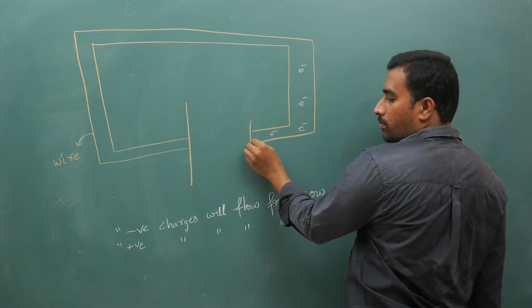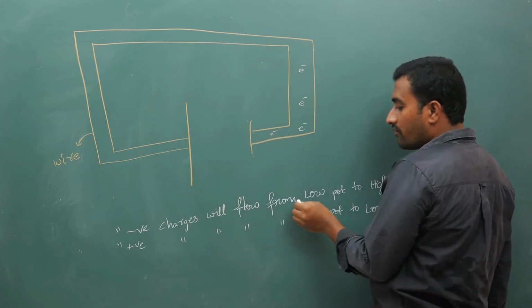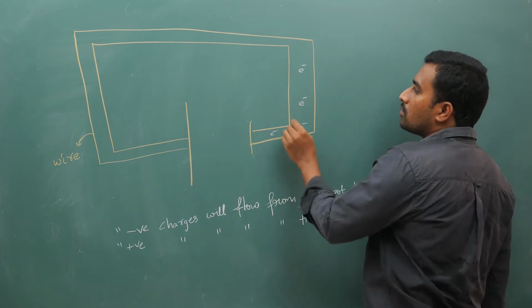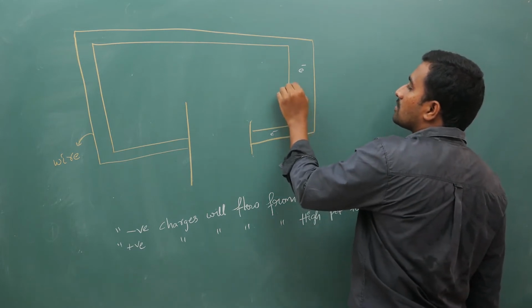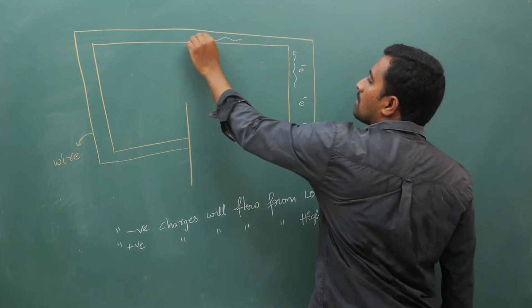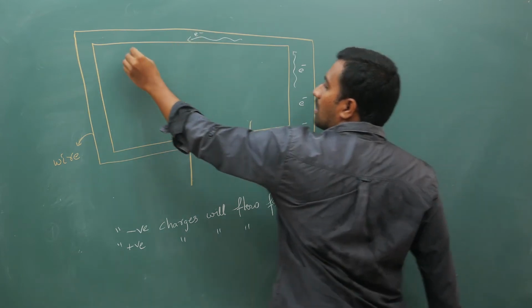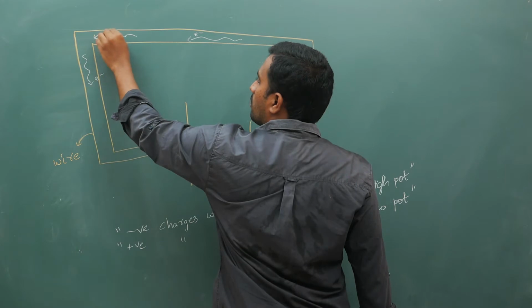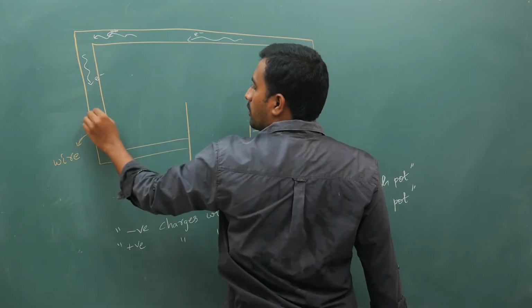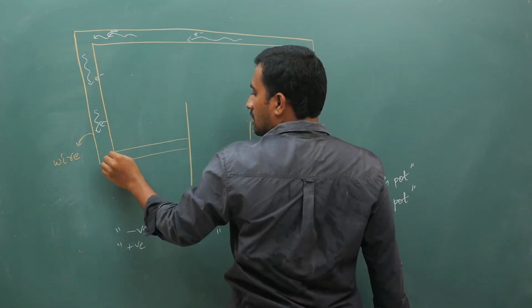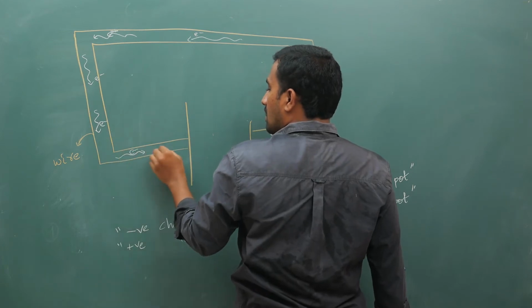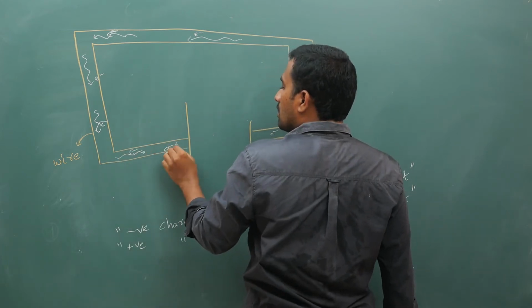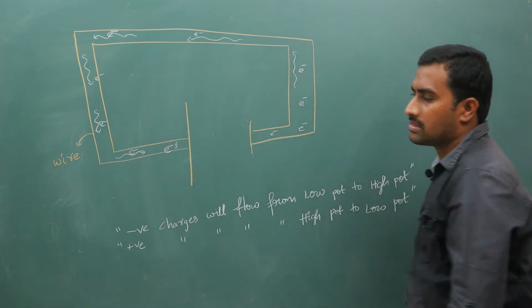This is your low potential. Negative charges will move from low potential region to high potential region. So your electrons will start flowing like this from the low potential region to the high potential region, and they will end up at the positive terminal like this.